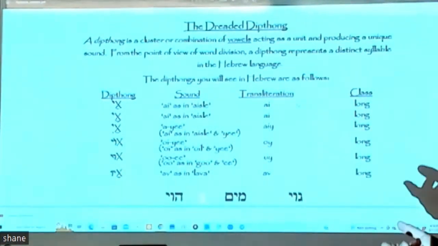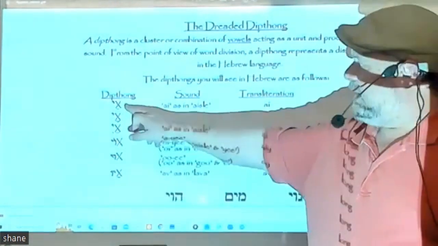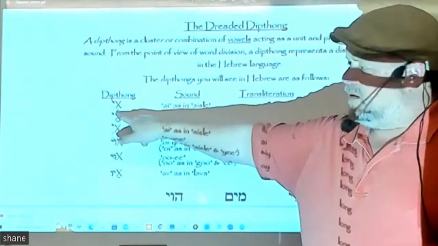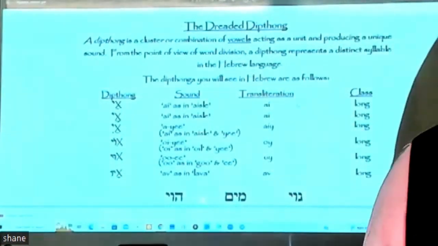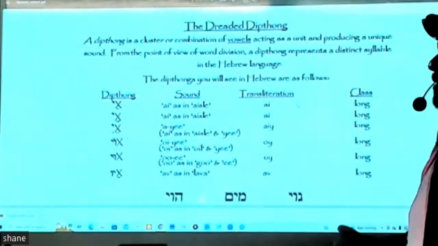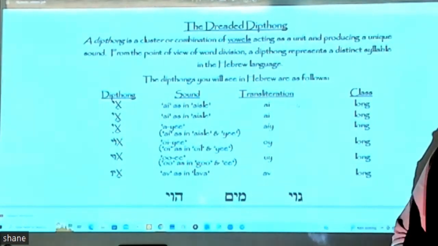So the first diphthong that you have is a letter carrying patach and followed by a yud. That has a sound much like the AI in the word aisle.